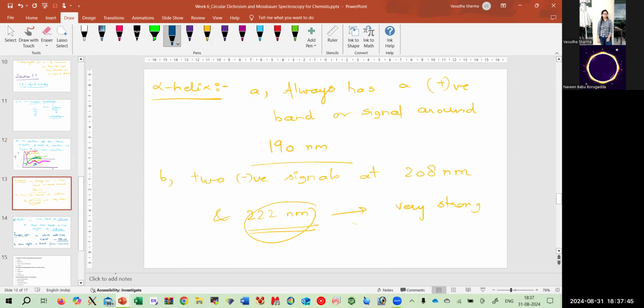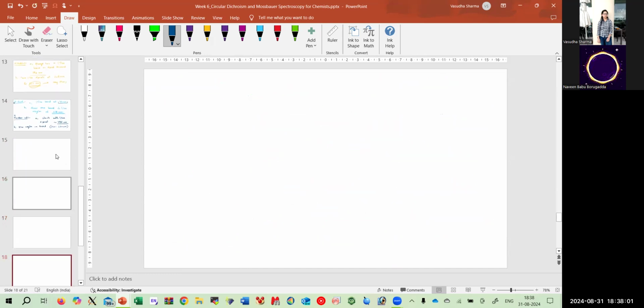Now, why these particular values? Why are we not talking about 100 nanometer or 400 nanometers? Why are we specifically talking about 190, 208, 220, or this particular range? So for that, we need to understand from where these values are coming into the picture.